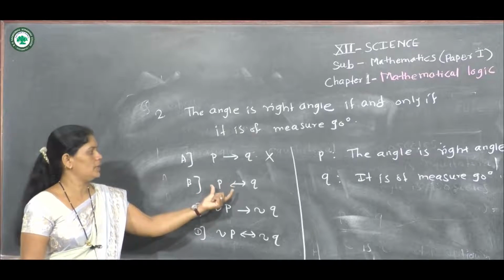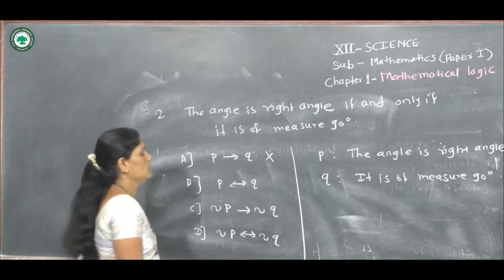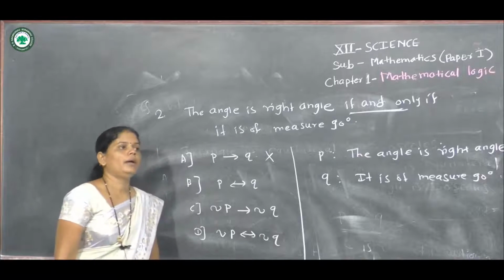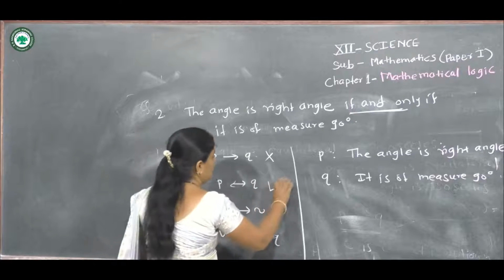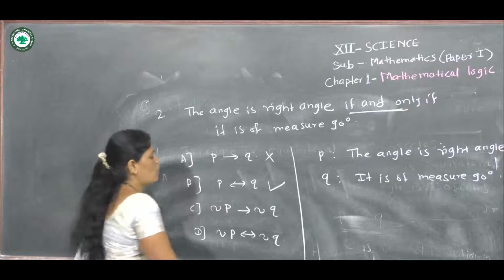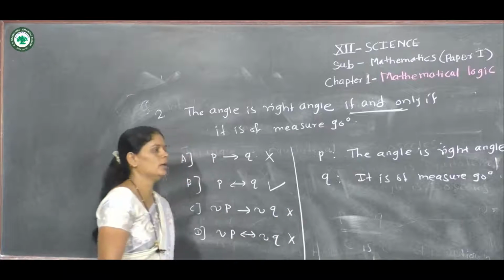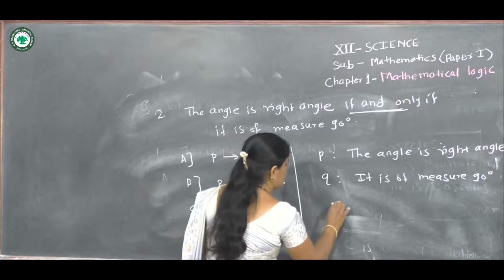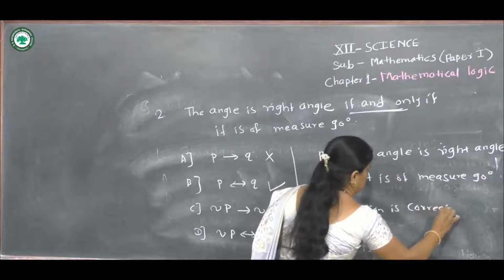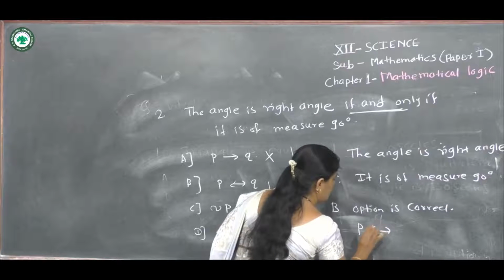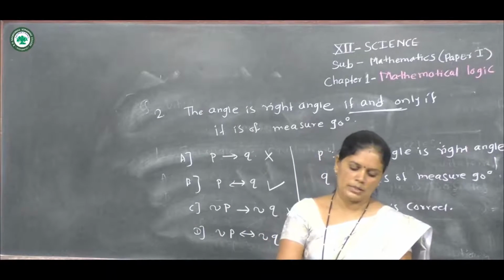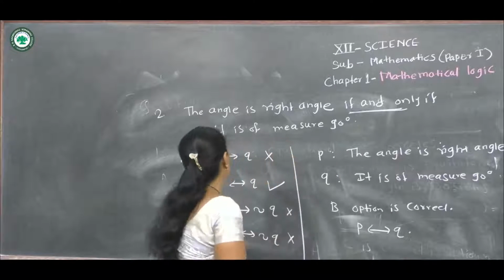Since we have "if and only if", we have to use the biconditional, P double implication Q, so this is our correct answer. Negation is not included in this example, so those two options are not correct. Therefore option B is correct, which is P double implication Q.